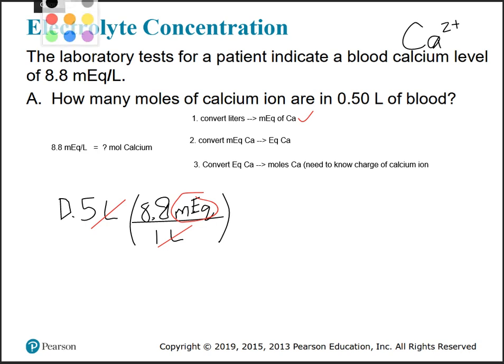Now we need to add on a little bit more. We need to go from these milliequivalents of calcium to equivalents of calcium. And we said 1 equivalent is equal to 1,000 milliequivalents. That's the equality, but we need a conversion factor.